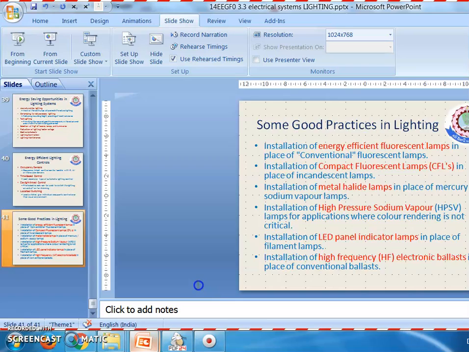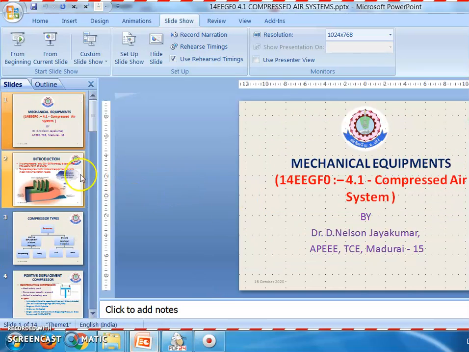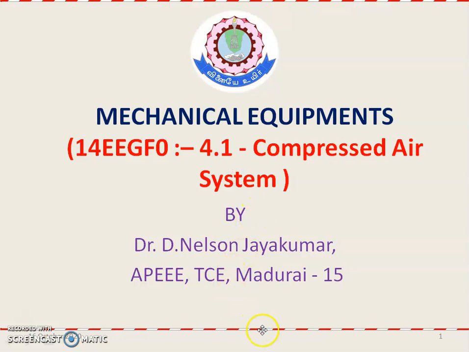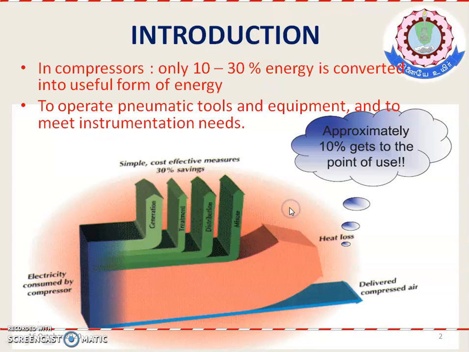So now the compressed air system. Why are these 5 appliances in the mechanical system important? With respect to the compressor, it only converts 10 to 30% of energy into useful energy.